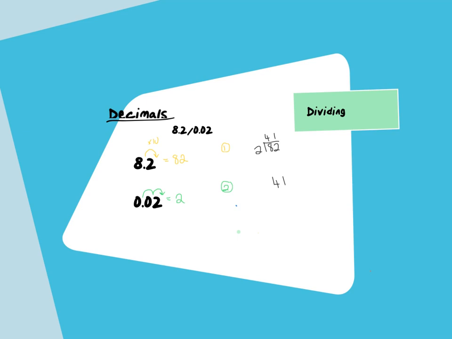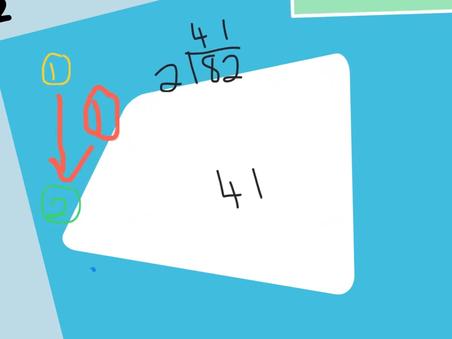So the first thing we need to look at is what is the difference between these two numbers? How do you get from 1 to 2? And that means we've got to move it 1 point. So in this case, if the difference between the number of times the decimal point is moved is 1, we've got to move our decimal point with our 41 1 point.